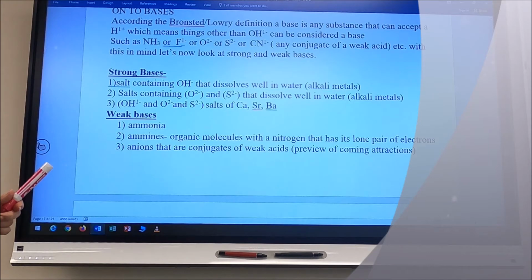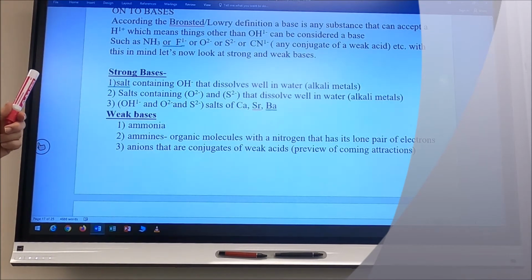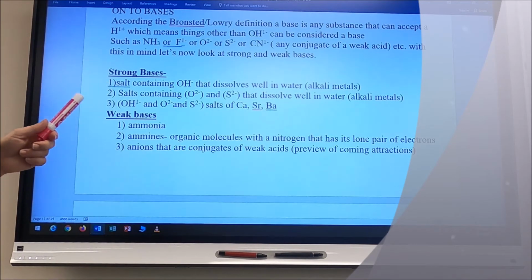So sodium oxide, sodium sulfide, lithium oxide, lithium sulfide. And hydroxide, oxide, and sulfide containing salts of calcium, strontium, and barium. So barium hydroxide, calcium oxide, strontium sulfide are all strong bases. Notice our list of strong bases is not that big.